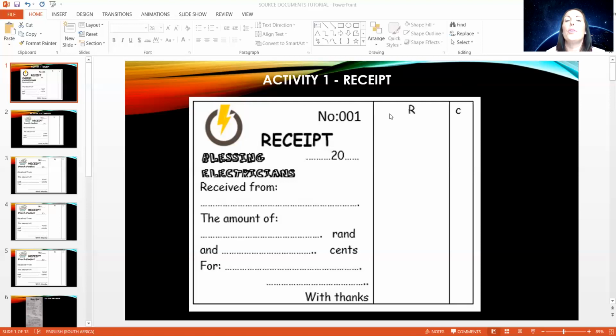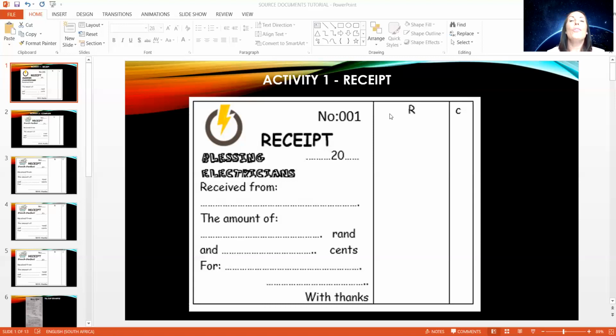I don't know if any of you have seen it, but in some of the receipt books we get a little paper that's called a carbon paper, and that you put in between the top receipt and the bottom one, and that is to make sure that all the information that you write at the top receipt gets copied onto the bottom one.